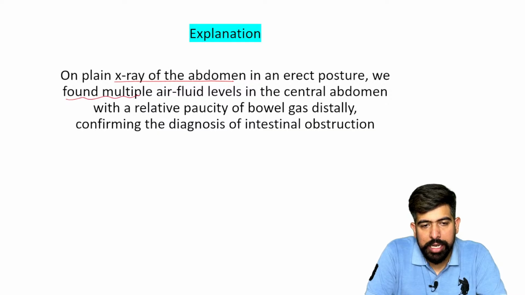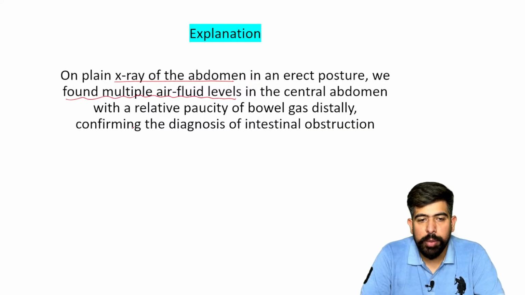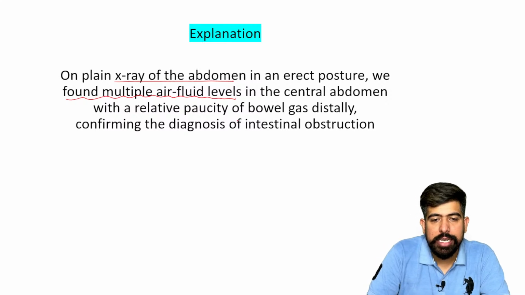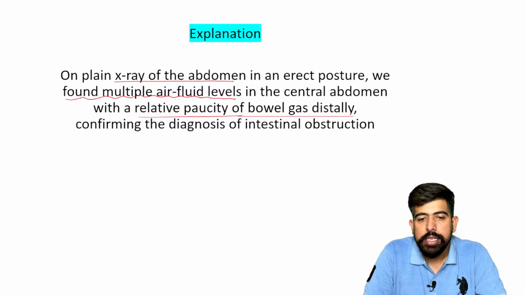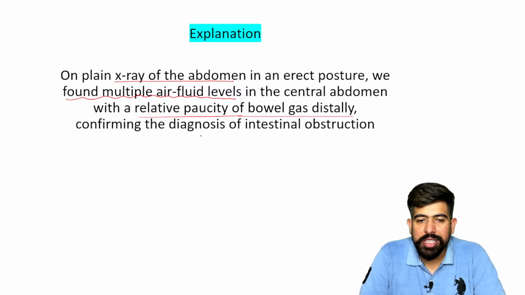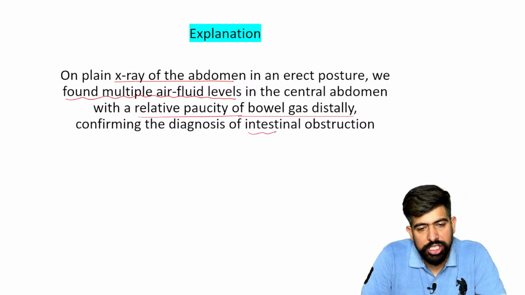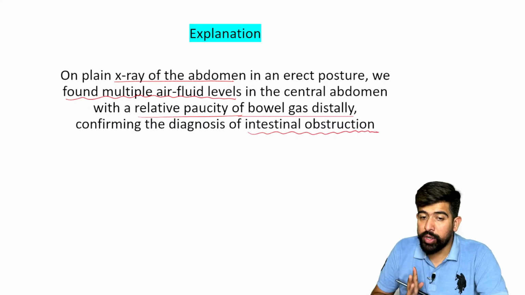If we find multiple air fluid filled levels in the central abdomen, with relative paucity of bowel gas distally, this multiple bubble pattern gives us the confirmed diagnosis of intestinal obstruction. I'm not talking about perforation again.